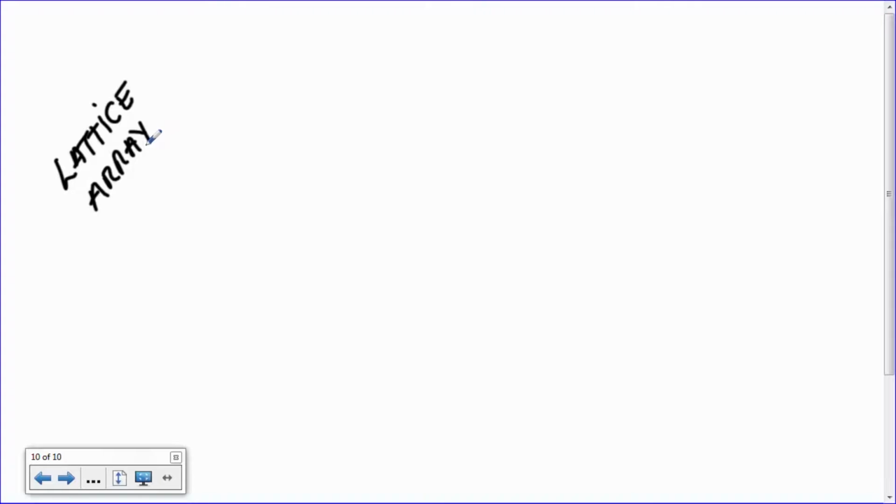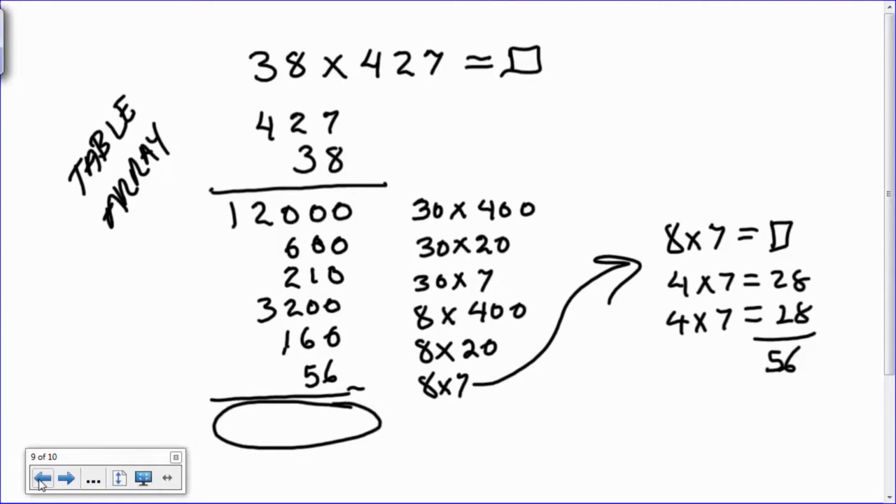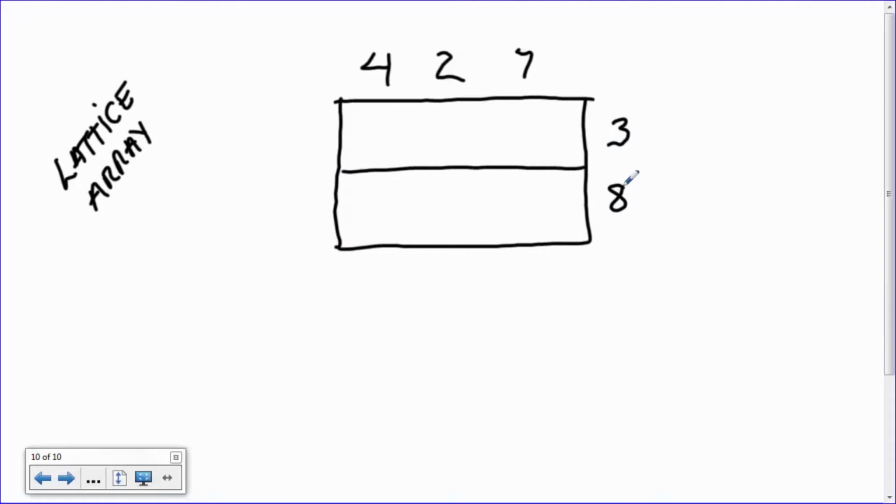So let me give you one more strategy called the lattice array. Let me go back and see what the numbers again are: 38 and 427. And actually, this is going to end up being just another way to look at the table array, but it's sort of like in diagram or picture form. So here's the multiplicand I wrote at the top. Does it have to be written at the top? No, it doesn't.